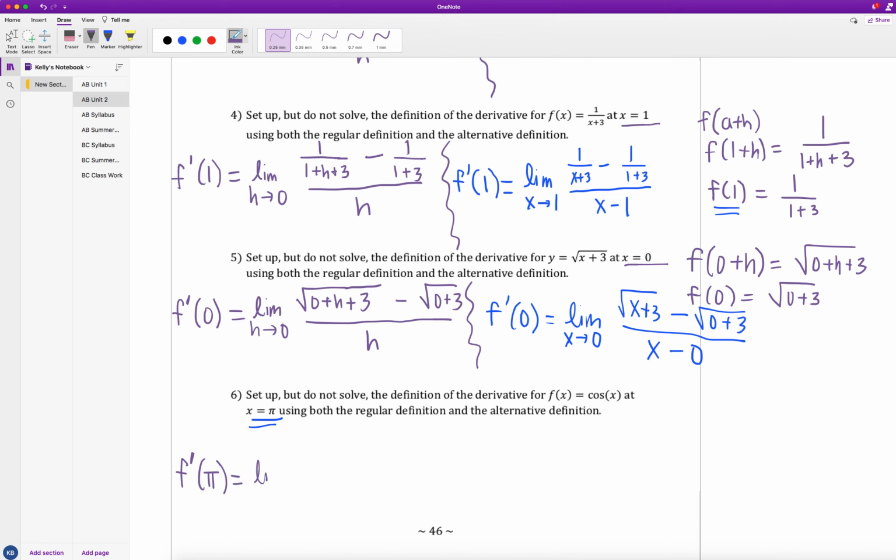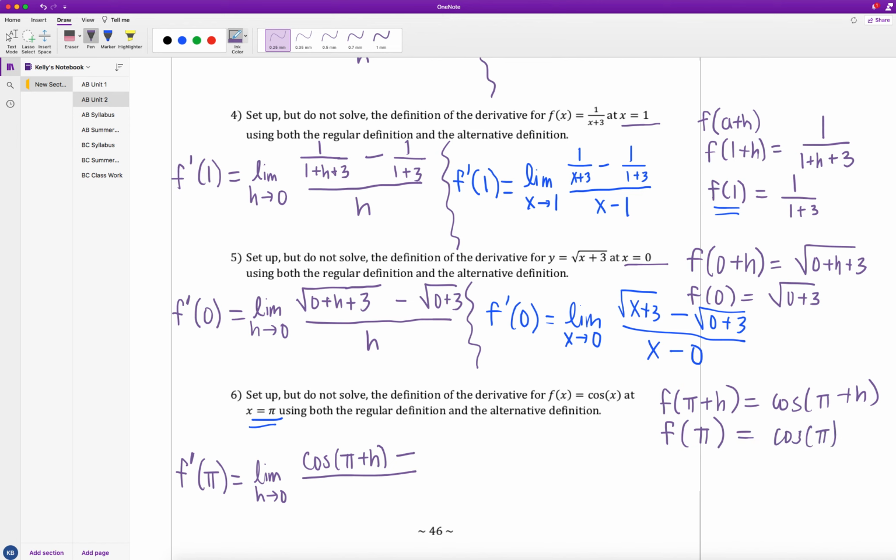So we're going to have the limit here as h approaches 0 of f of a plus h. So let's find that off to the side. So this time that would be pi plus h. So that would be equal to cosine of pi plus h. So I'll have my cosine of pi plus h minus our f of a, so in that case that would be our f of pi, so that would be cosine of pi.